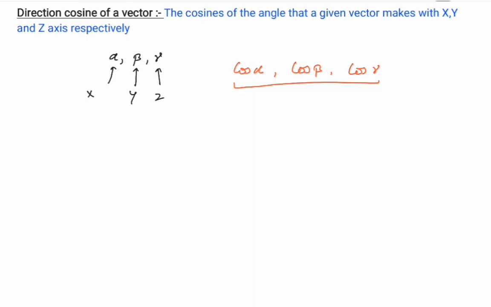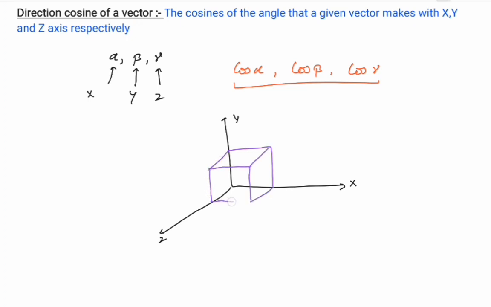Okay, now look at a diagram. Suppose there is an x-axis, y-axis, and z-axis, and here this is a point and this is a given vector.